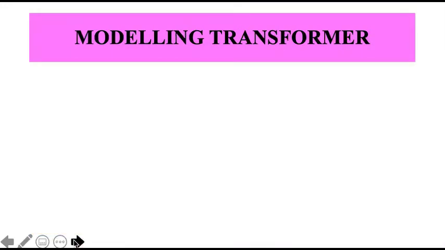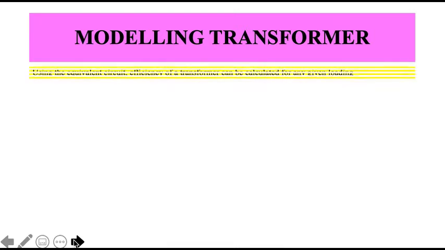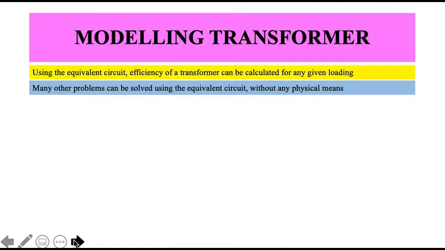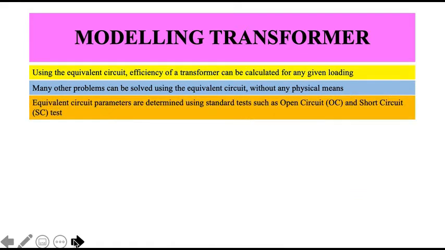Once I have this equivalent model, I could calculate the efficiency of the transformer for given loadings. And who gives me the values of the several resistances and inductances? We all know that we could do something called an open circuit test or short circuit test.